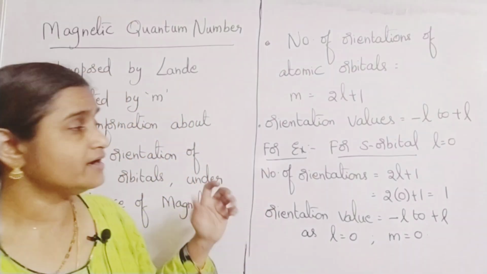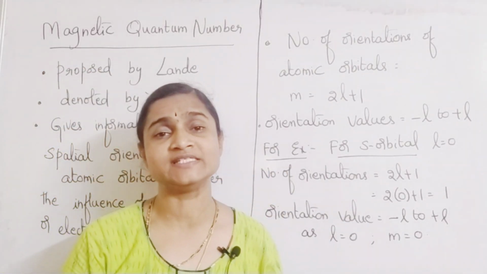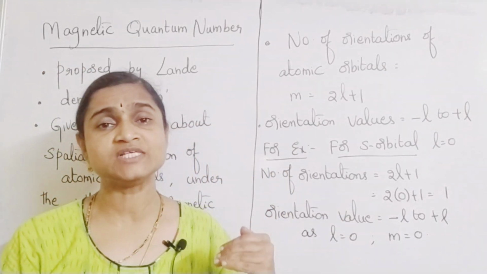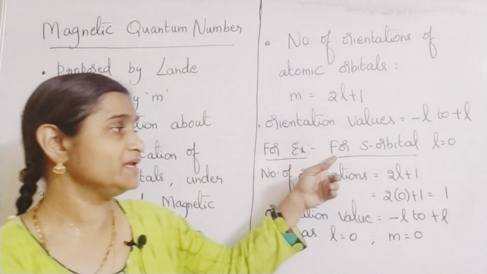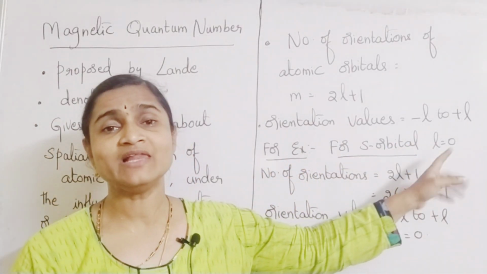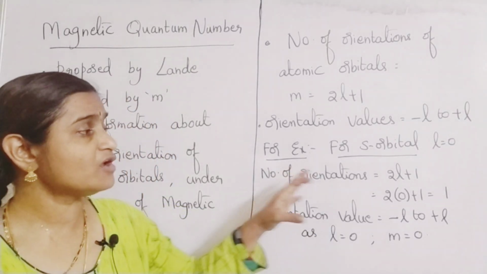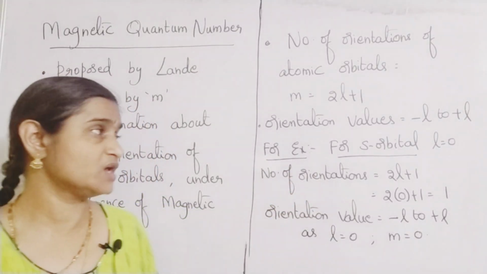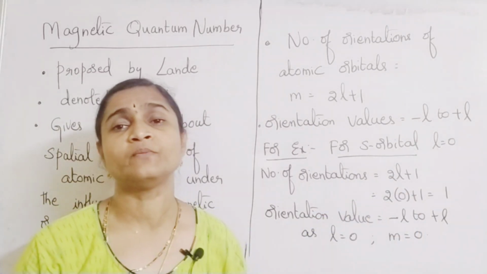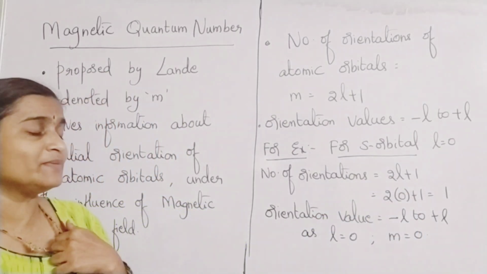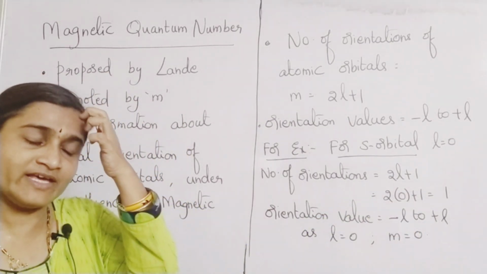And orientation values also will exist. Those orientation values are from minus L to plus L. For example, if you take s orbital, L value is 0. Then number of possible orientations for s orbital are how many? 2l plus 1. In place of L, for s orbital we can keep 0.